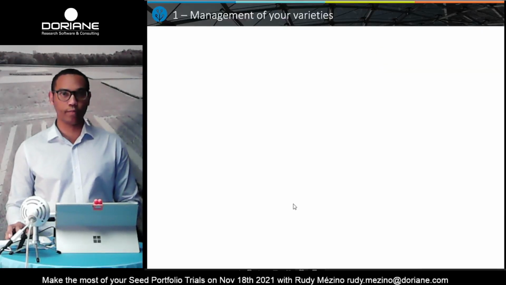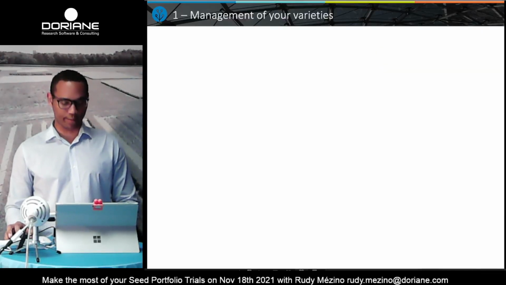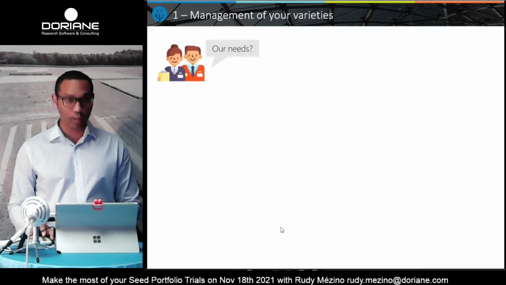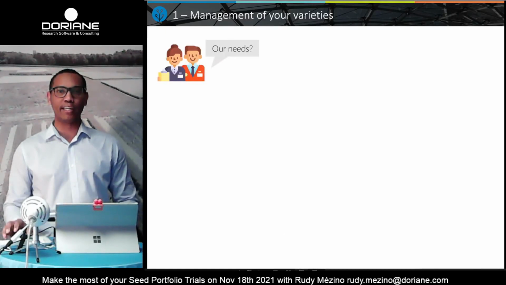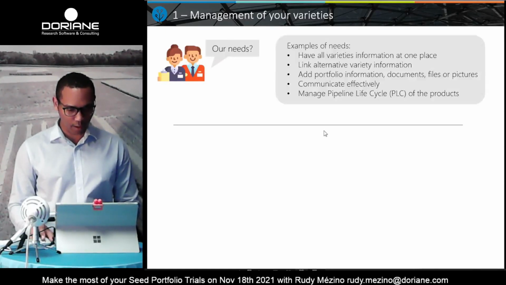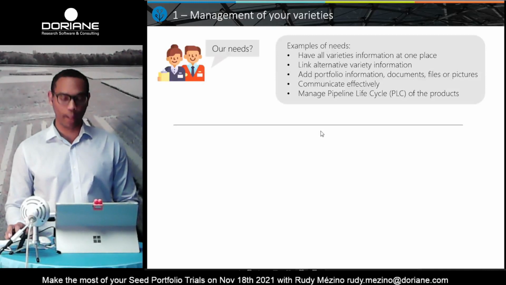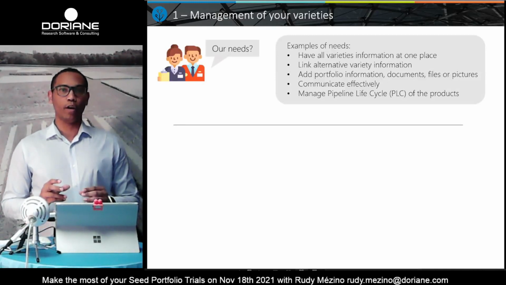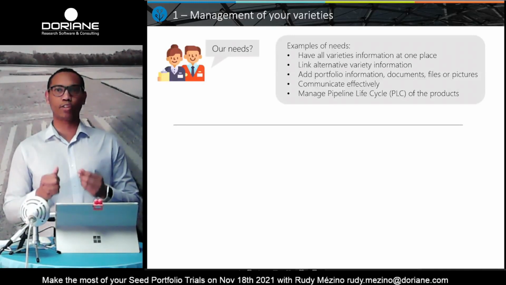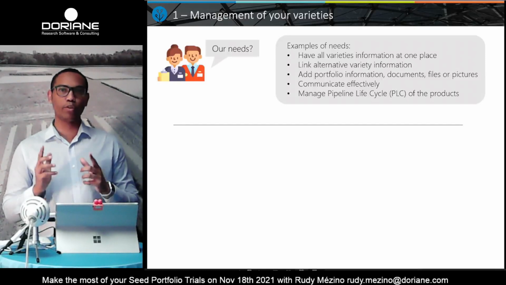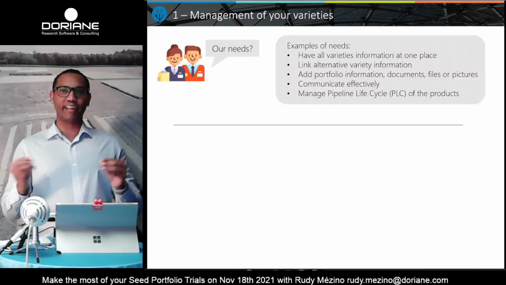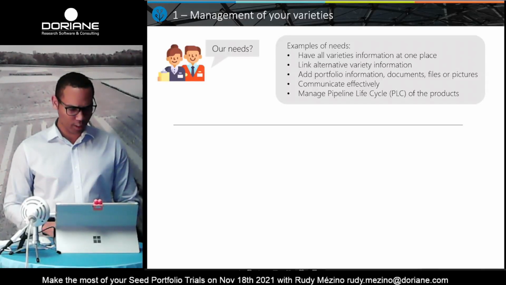First part, management of your varieties. So what do product development teams need to manage their varieties efficiently? Here are a few examples of needs. They need an information system that stores, maintains, and tracks their varieties in one place. They need the possibility to link alternative variety information.